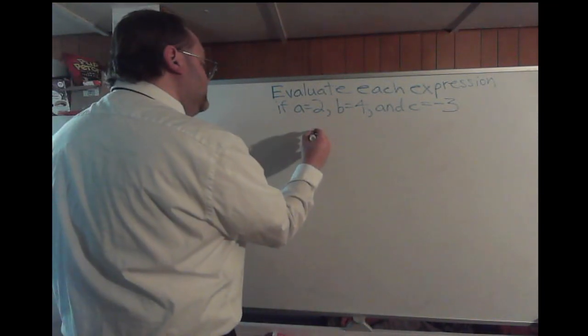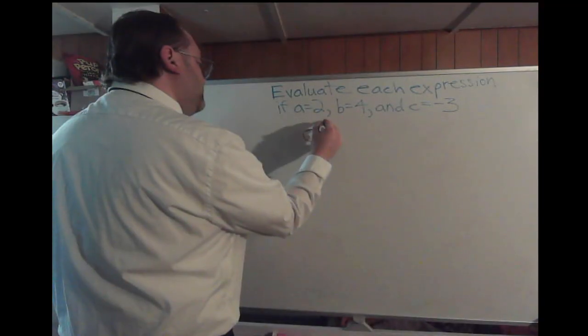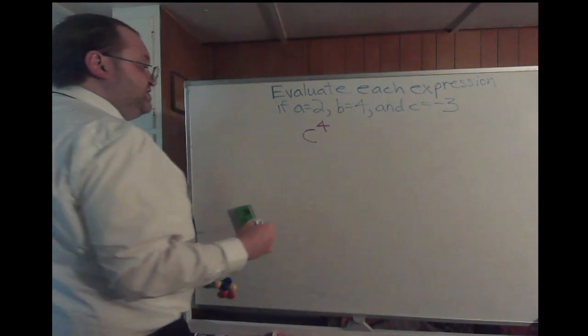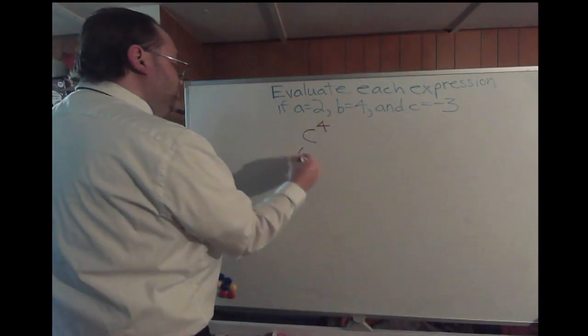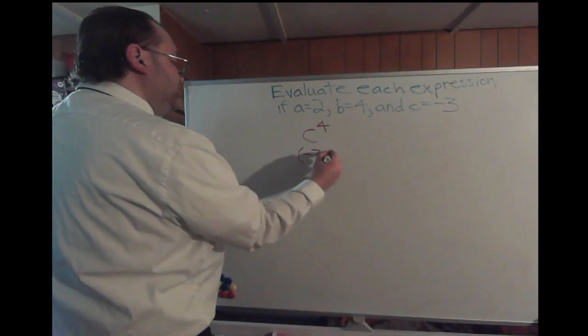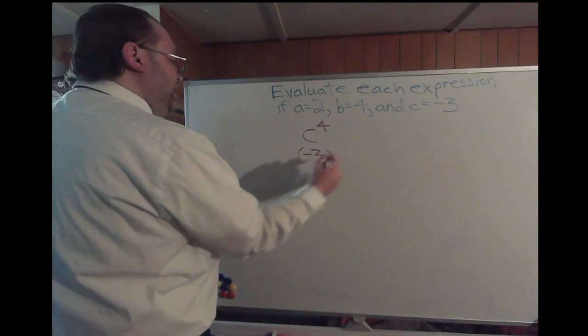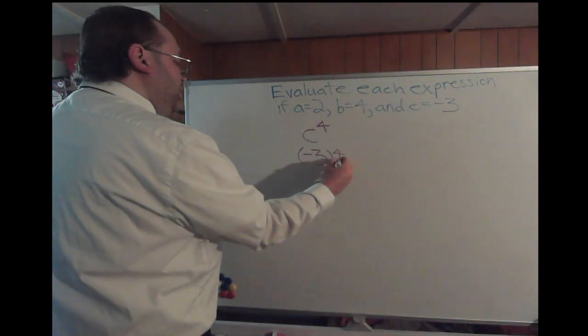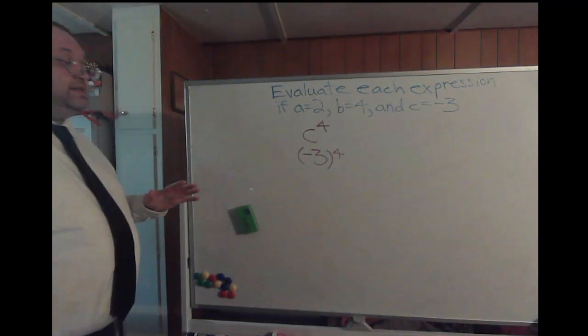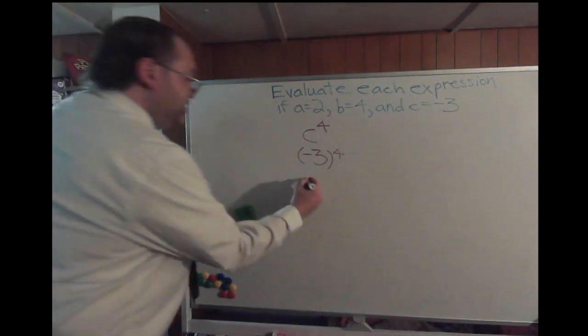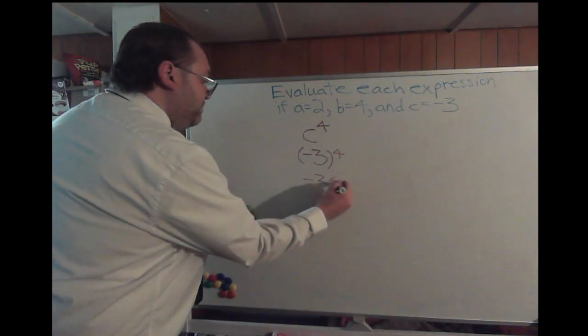We have c to the 4th. So you're going to have c to the 4th. Well, the value of c according to this is -3, so you just substitute -3 in for c. You'll get -3 to the 4th power. Now, it's important to understand that you don't want to just write -3 to the 4th power, right?